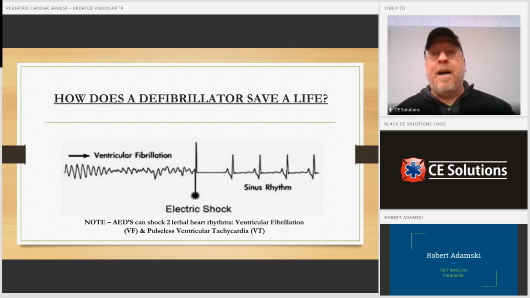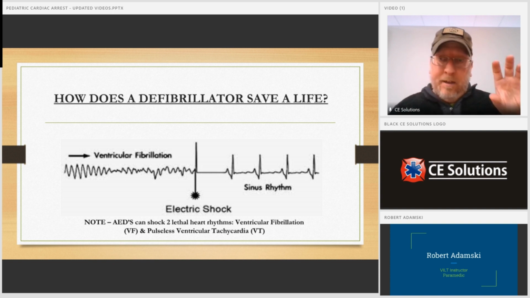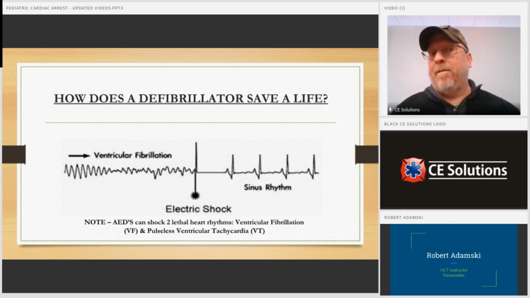So one of the most common abnormal heart rhythms or lethal heart rhythms which can be defibrillated, because realize not all lethal heart rhythms can be defibrillated. There's bad lethal heart rhythms that will kill you that a defibrillator won't work on. But that's a little bit above and beyond the BLS scope of practice and skill level.